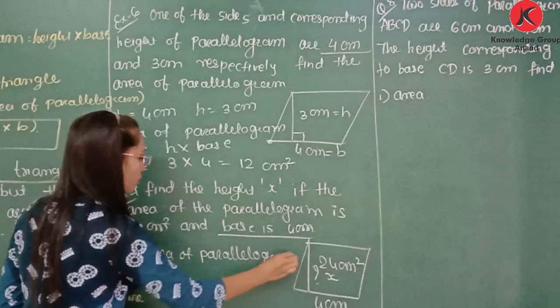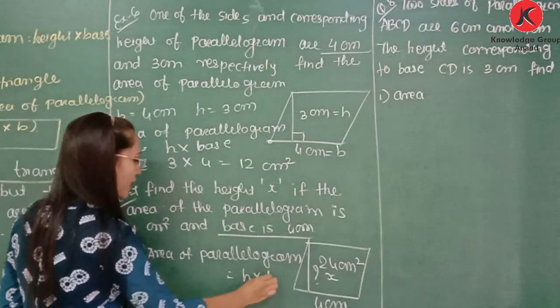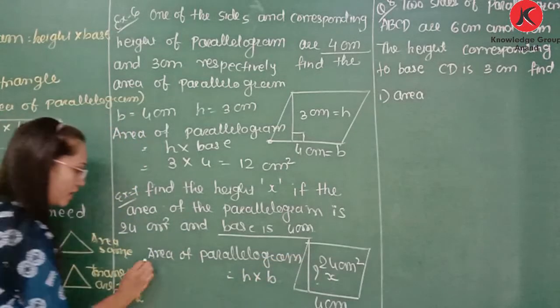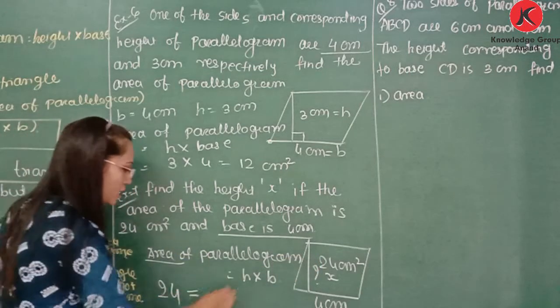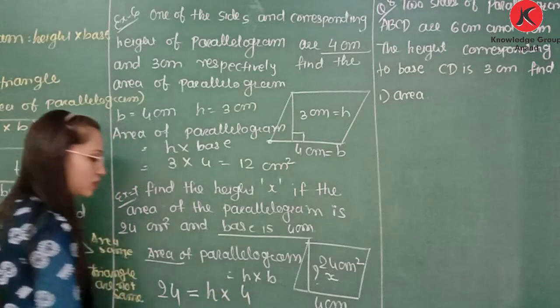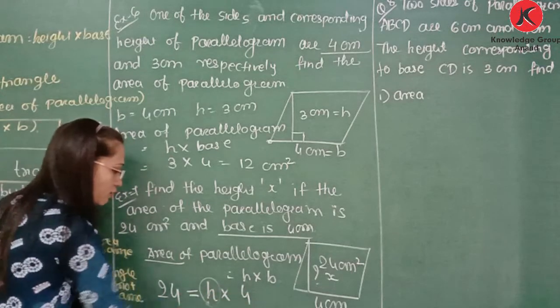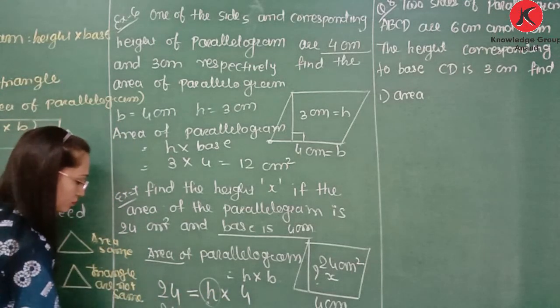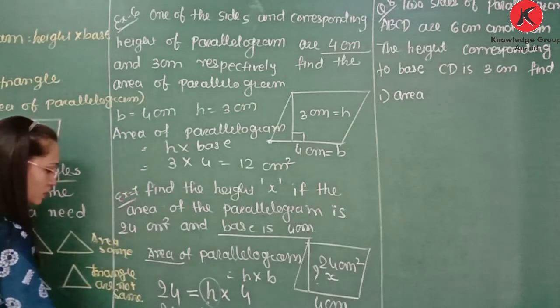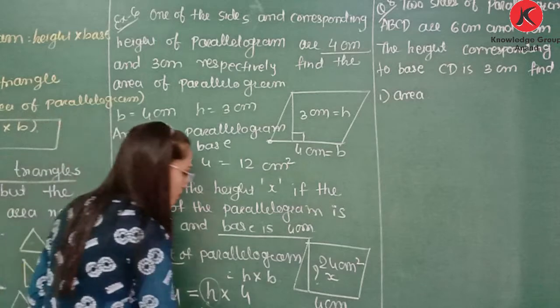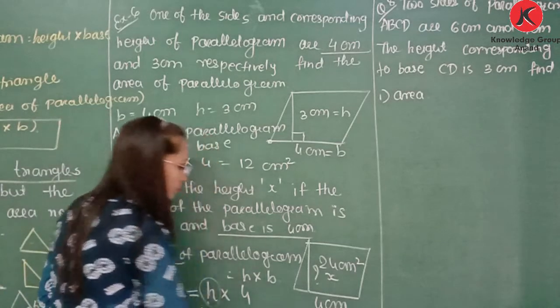That we derived: height multiplied by base. Area is given 24, so we can write 24 is equal to height, which we need to find, times base, which is 4. To find the height, divide by 4. So it is 6. So the height will be 6 centimeter.